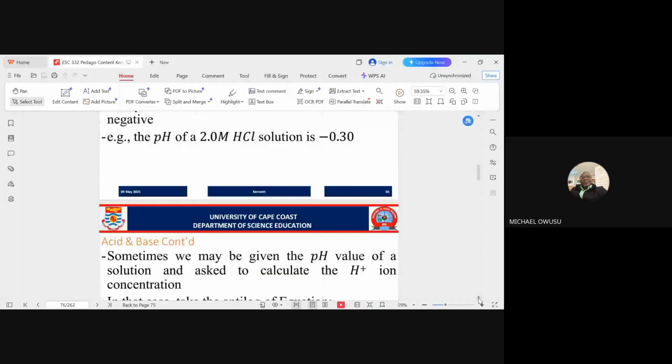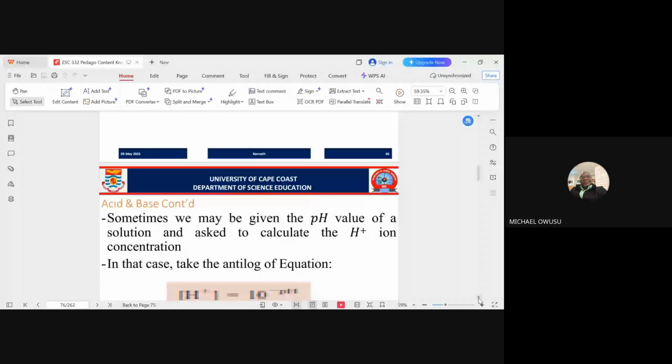So others who are still doing it. No matter the value given to you of the pH, you will be able to calculate. Sometimes you may be given the pH value of a solution and asked to calculate for the H ions.